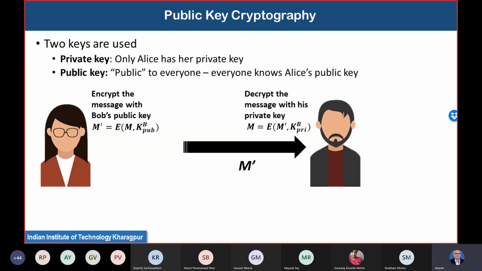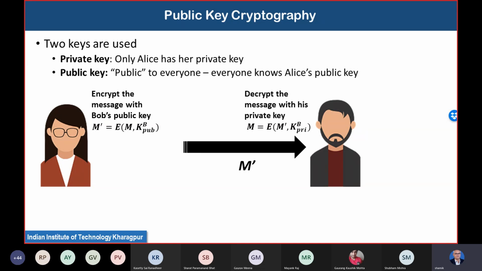Now, in public key cryptography, there are two keys. One is, as we said, the private key, and the other is called the public key. Let us take this particular example as shown in this figure. On the right hand side it is Bob, and on the left hand side it is Alice.